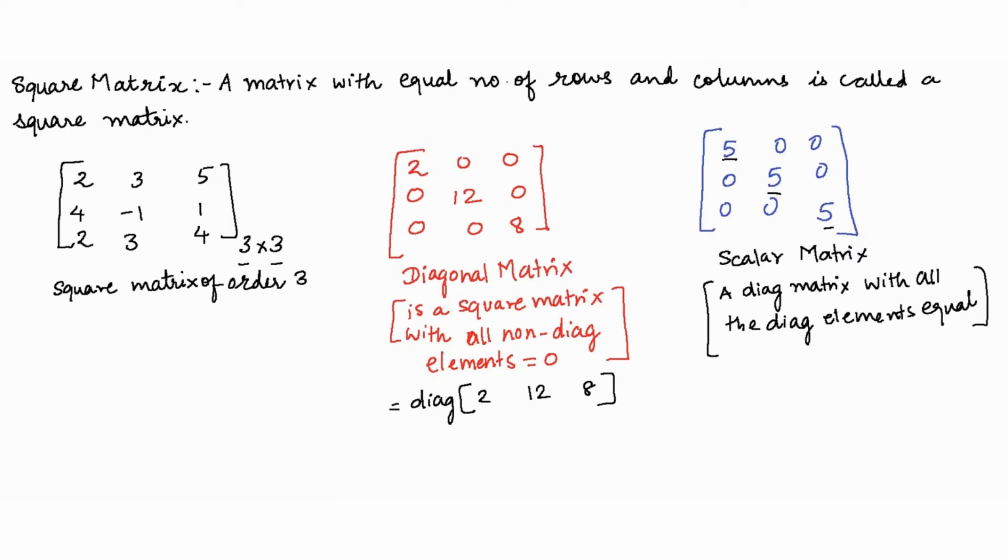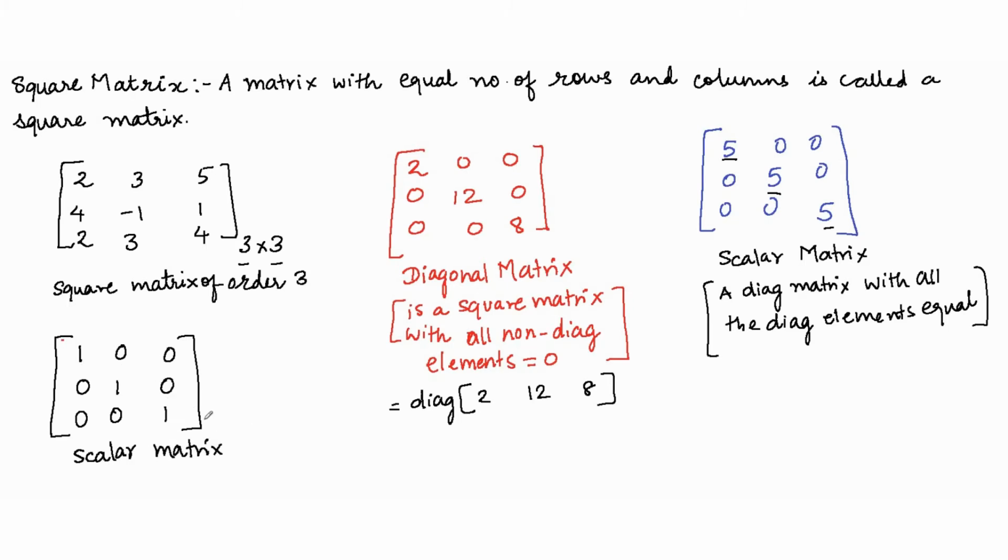Now if the elements along the diagonal in a scalar matrix happen to be 1, so what I'm trying to say is, suppose we have a matrix which is written as follows: 1 0 0, 0 1 0, 0 0 1, right? This is definitely a scalar matrix. Why is it a scalar matrix?